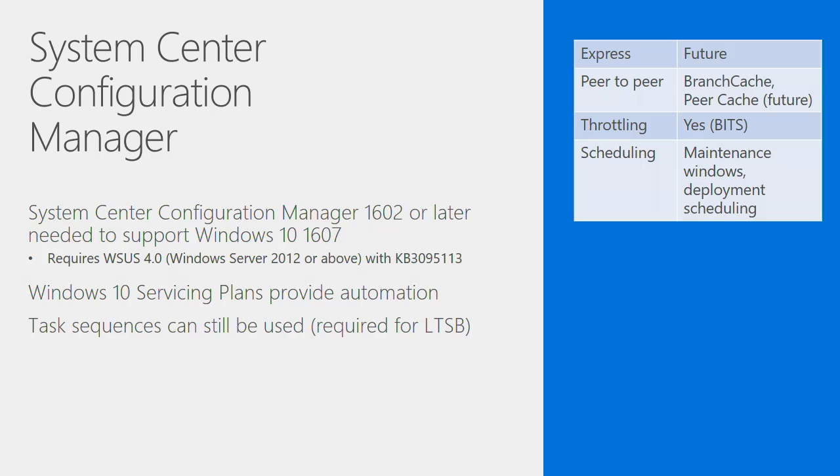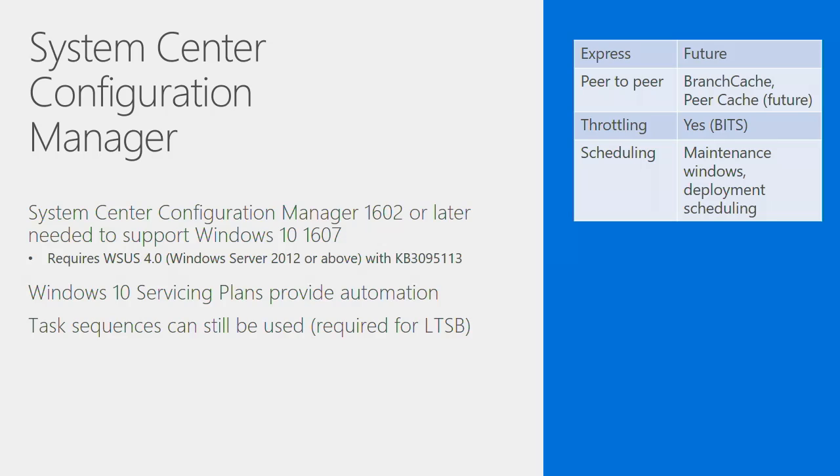In order to support patching and feature updates, both with Config Manager, you do need to be running WSUS 4.0 as your Config Manager SUP, which does mean your servers need to be running Windows Server 2012 R2 or above, because WSUS 3.0 doesn't support feature updates, and Config Manager has some restrictions on mixing and matching operating systems and WSUS server versions versus the site server version.